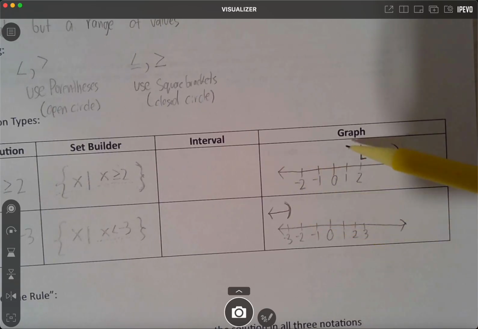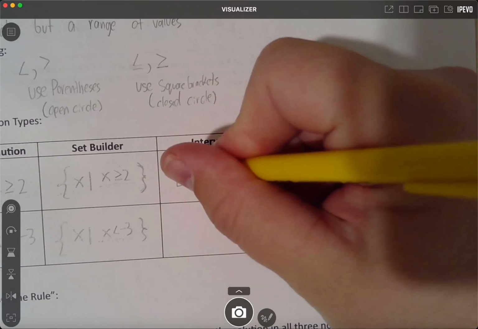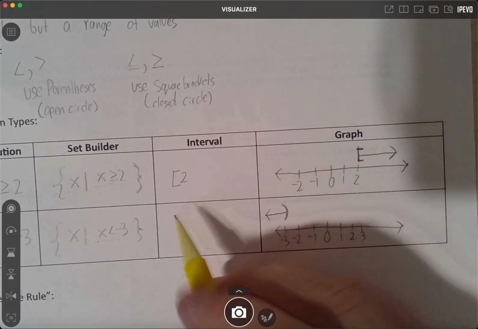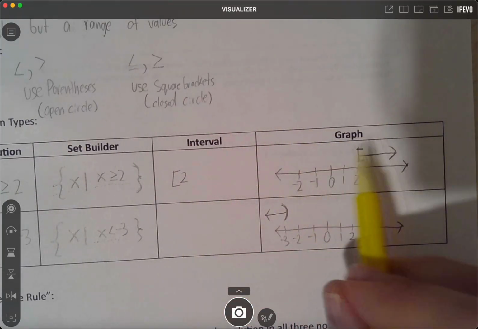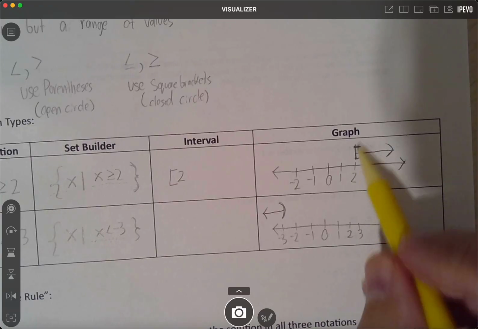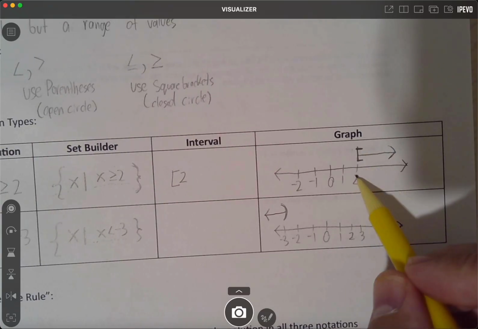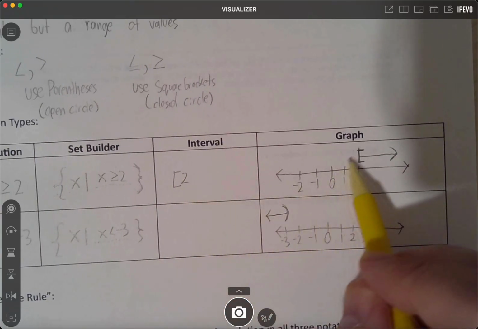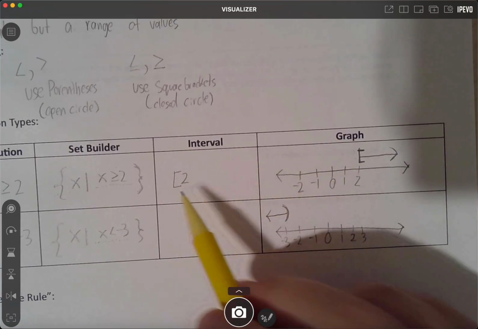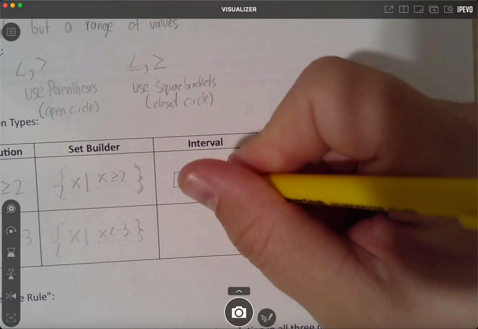So interval notation, if I look at this graph, the lowest it goes is 2, and I can be 2. So I use bracket 2. Again, that's the lowest or the furthest left this graph goes. Then you write a comma, and what does the comma denote?